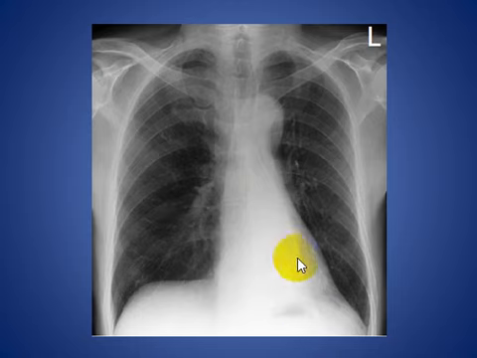And that line also is the margin of the oblique fissure displaced due to collapse. So this is a classic case of left lower lobe collapse, obliterating the medial portion of the left hemidiaphragm and the descending aorta, with medial displacement of the oblique fissure.